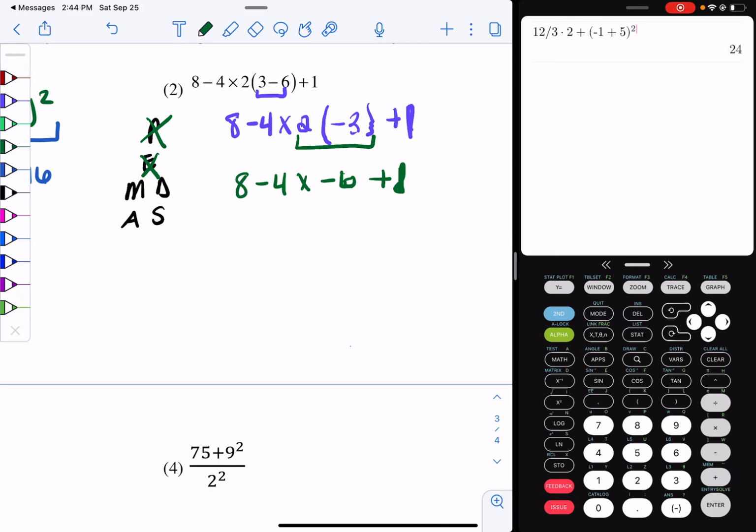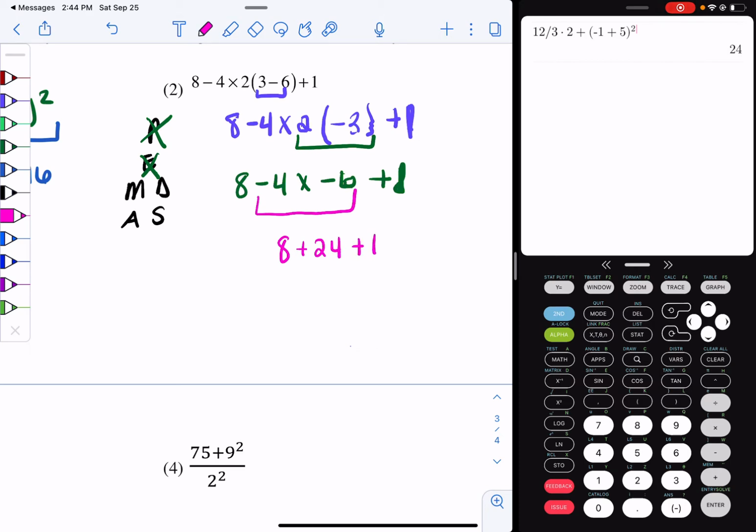Now I have to ask myself if I have any multiplication and division, and I do have multiplication. I have my -4 times -6. -4 times -6 is a positive 24. So I'm going to be doing 8 plus 24 plus 1.